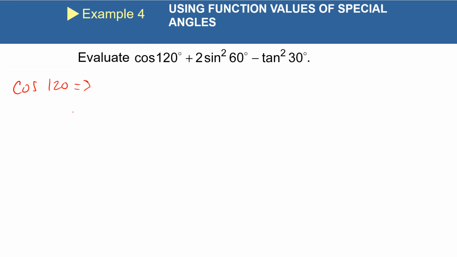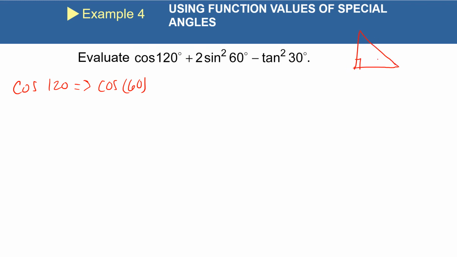We're in quadrant 2. So 180 minus 120 is 60. So we're going to look at the cosine of 60. Do you remember how I said sometimes it's helpful to write out that chart that I put up at the end of the notes yesterday? You don't have to keep drawing it, but you can also just think about your triangle.